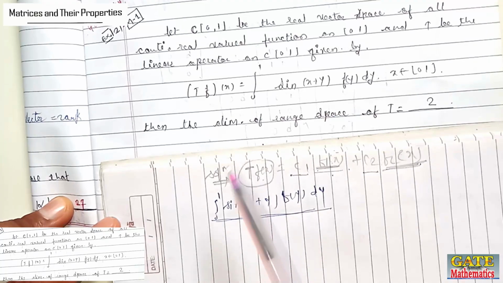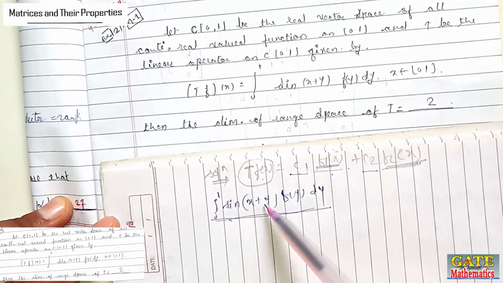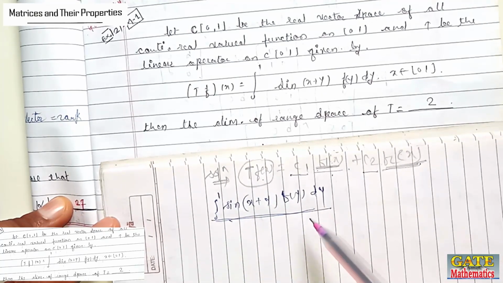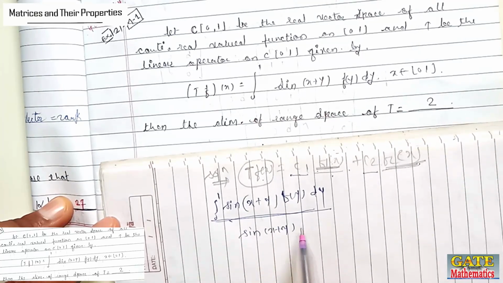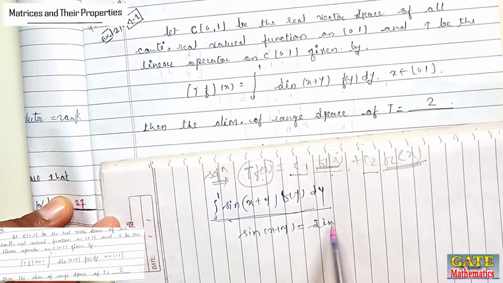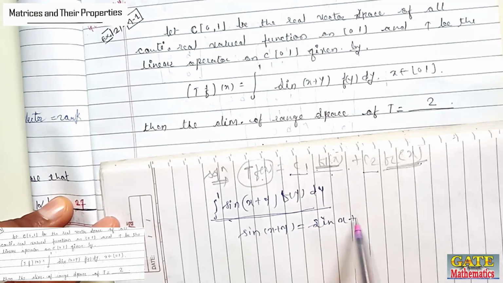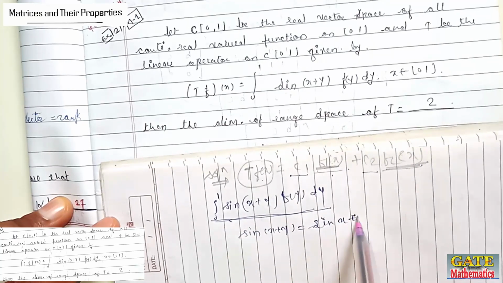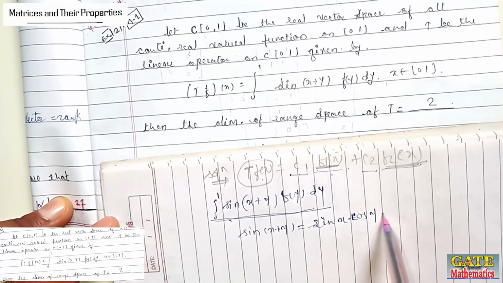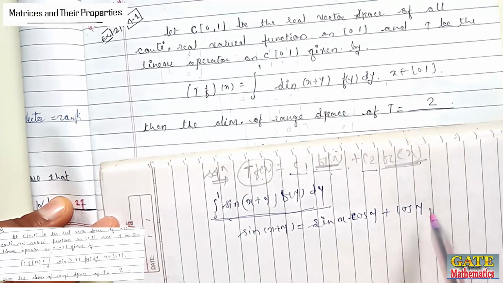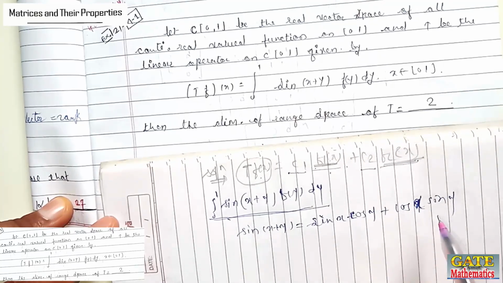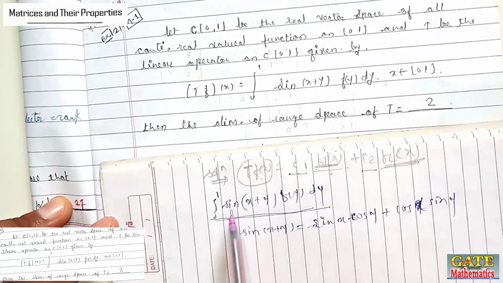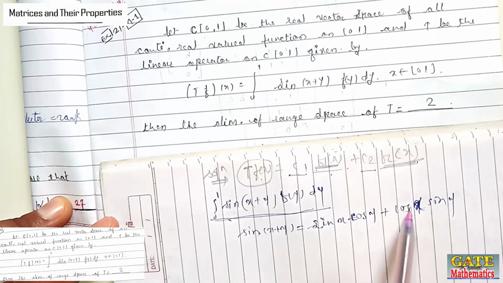So we have the integral 0 to 1 of sine of x plus y, f of y dy. As we know, sine of a plus b can be written as sine a cos b plus cos a sine b.